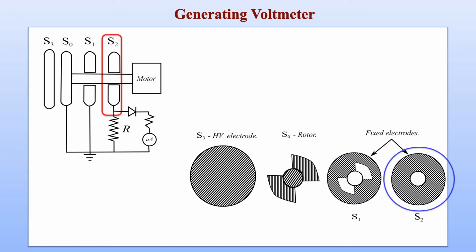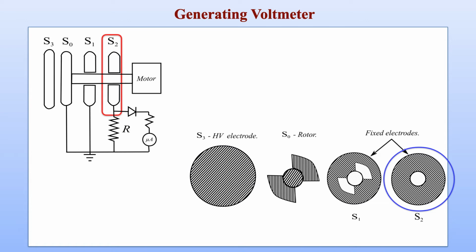A similar shape is that of electrode S2, but this S2 is in the form of a disc without any slots cut across it. There is a provision for the motor shaft to pass through it. So both these electrodes along with the high voltage electrode S3 are fixed electrodes.